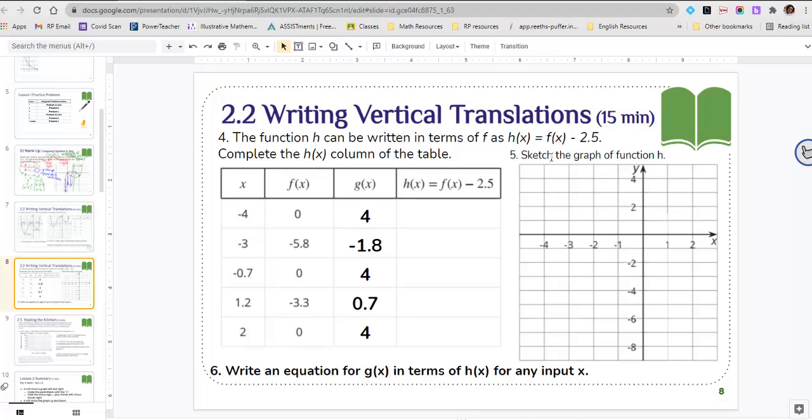So for our h function, we can now look at the equation that it's giving us, and we can see what it's telling us to do. If we're taking our original function f and subtracting 2.5 from the end of it, that means we're going to take that whole f function, and this time instead of raising it up 4, we're going to push it down 2.5.